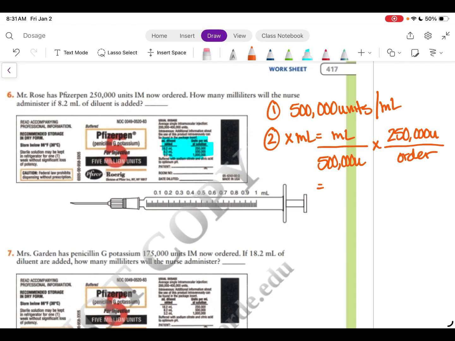And this is equal to 0.5. That's my final answer.